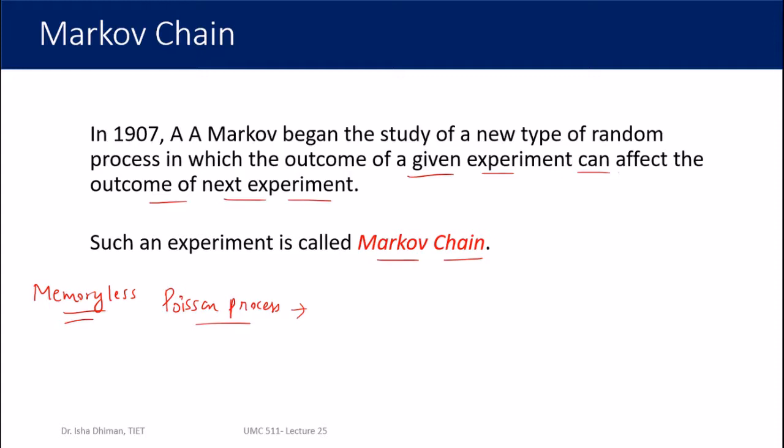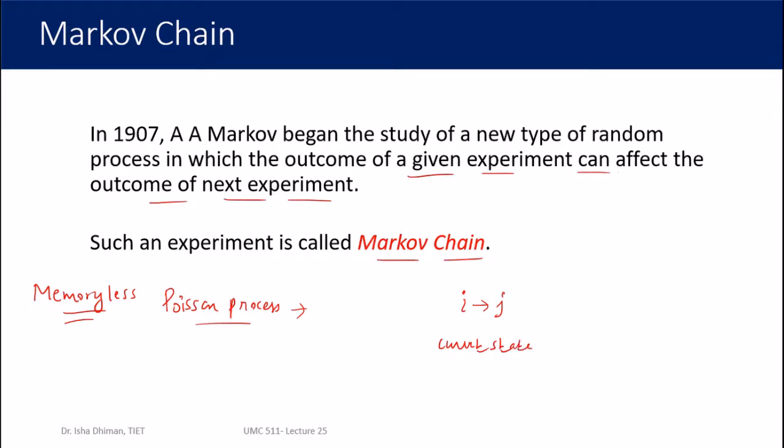But this Markov chain is quite different from that in the sense that it has a connection with the previous step, right? So whatever state of the system you are at a certain time, it is going to affect your next output. So that means there is a dependency on the current state.